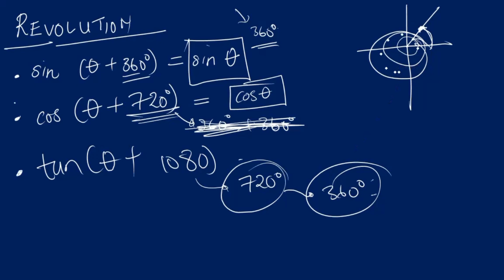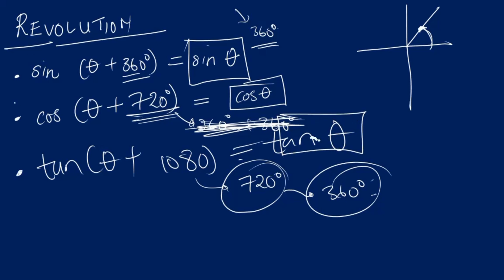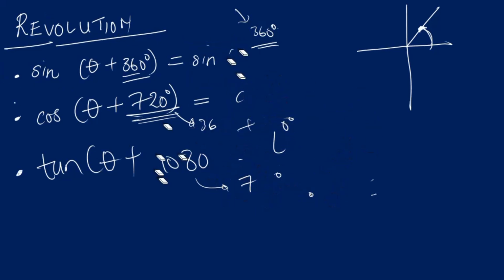All set. All these 3 revolutions that happened are not necessary there. We can just cancel everything out and be left with the tangent of theta. Hope that makes sense. So this is us reducing. Now let's get to the next part of reducing. Let's get to that part.